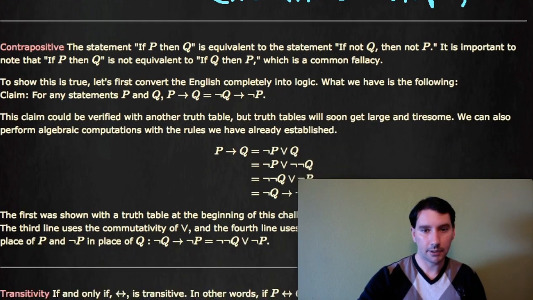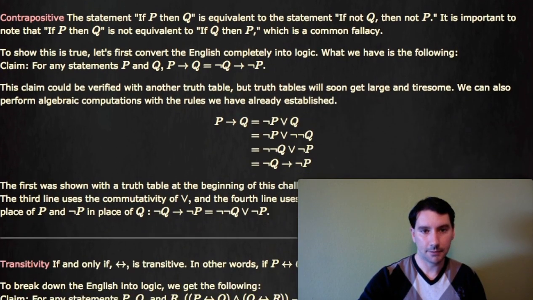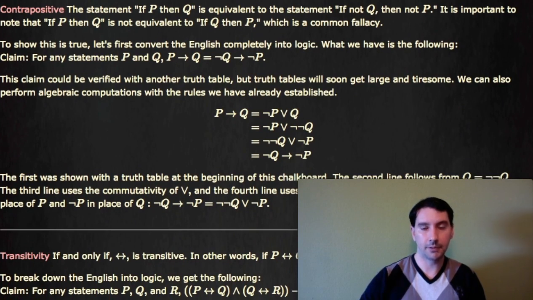Now we're going to talk about a statement called a contrapositive statement, which is a very important statement in math. In fact, there's an entire proof technique called the proof by contrapositive, which is essentially to prove the contrapositive statement of a statement you're wanting to prove. And it's the following.